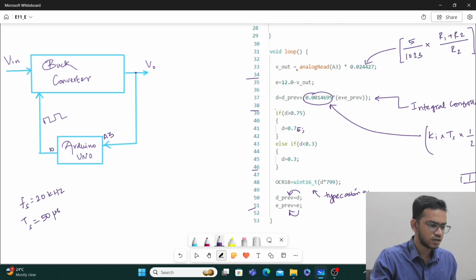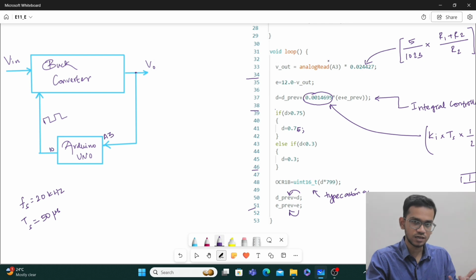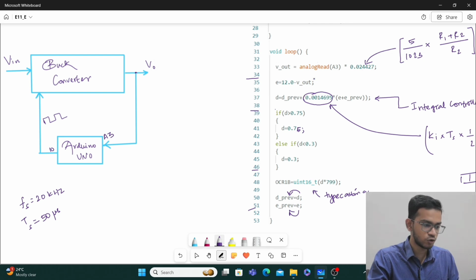So what does it mean? It means whenever this Vout line is running in the Arduino, it is executing analog read. So whenever it is executing the analog read function, it is taking this value, observing it, then doing all the computation. So there will be some time taken by the microcontroller to execute each of these statements one by one, and then it will go to the last, and then it will come to the first again, and then it will read the next sample.